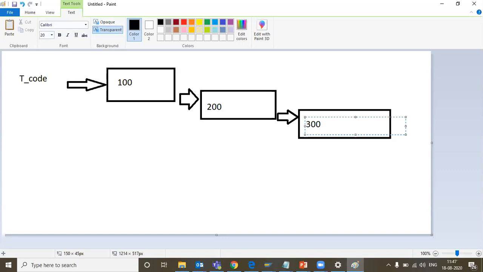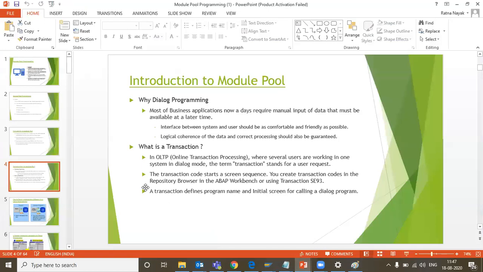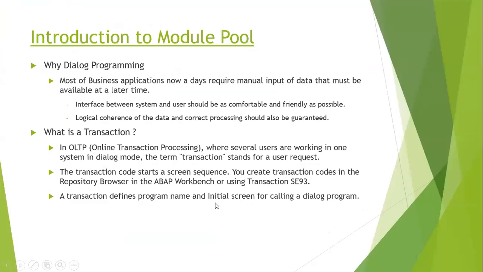So this is like a chain in module programming. For that reason we need a transaction code. The transaction code is the initial screen. That's what it's telling: a transaction defines the program name and the initial screen of the calling dialog program.